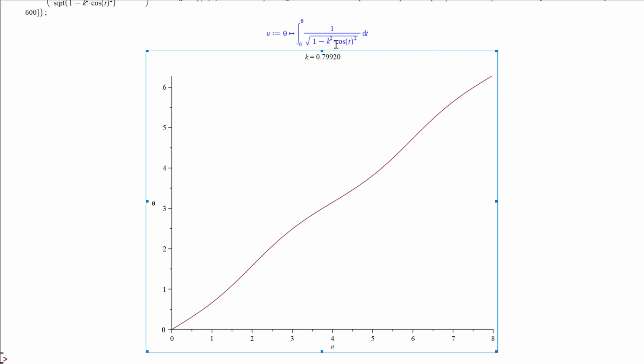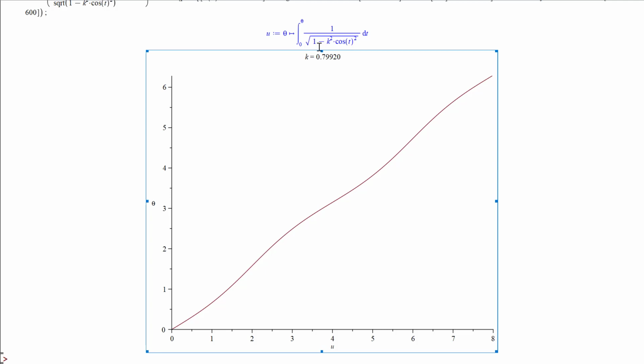There's some trouble. As k goes to 1, this integral wouldn't be defined, so that'll be different with a different definition. You might have seen one with a sine squared here, and we'll unite those two different approaches later. They are different integrands, so you'd think they would give different results, but we'll see.